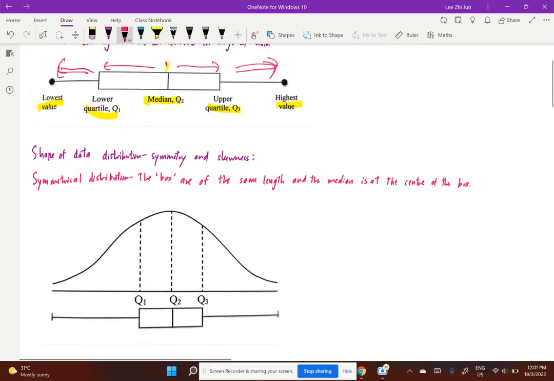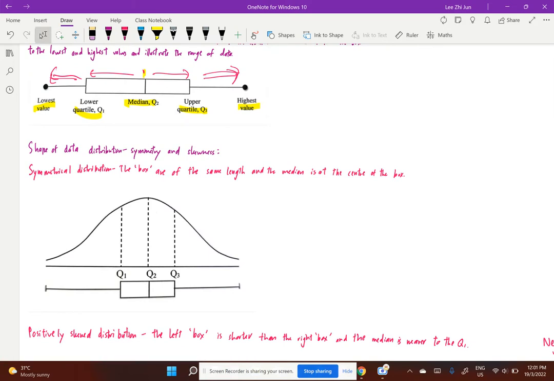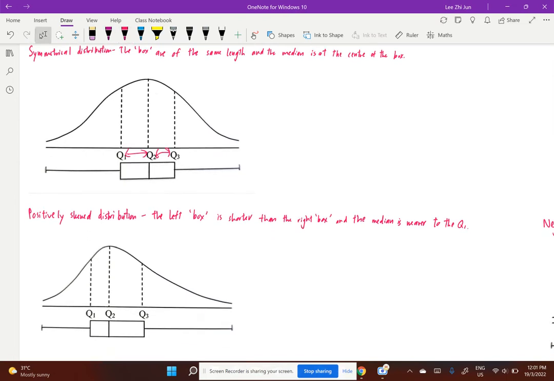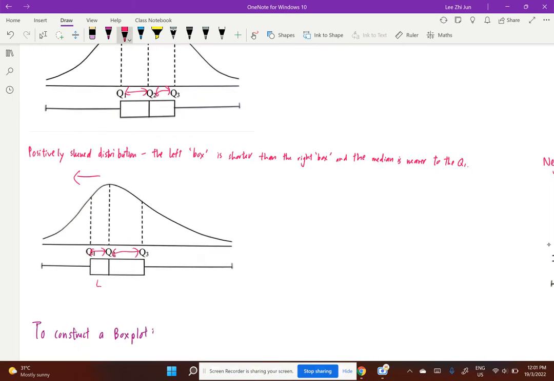So here are 3 types. If the box lengths are almost the same, it is a symmetrical distribution. Then it is positively skewed because it is skewed to the right, so the left box will be shorter than the right box.